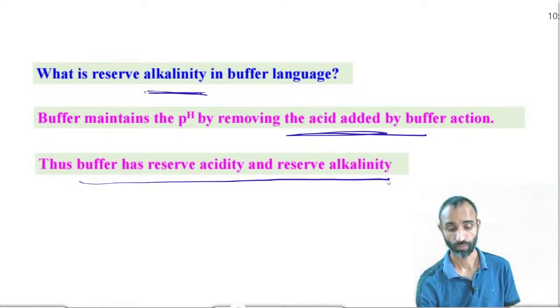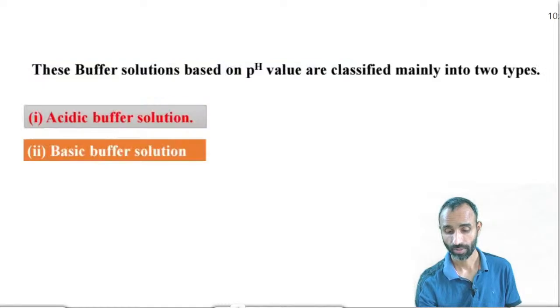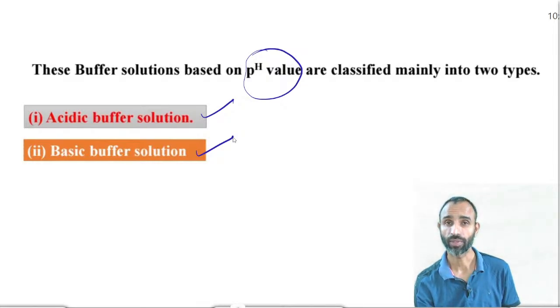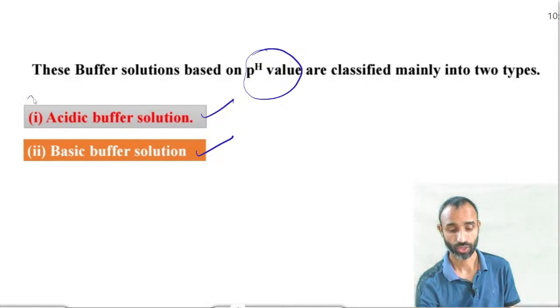So a buffer has a reserve acidity or a reserve alkalinity. On the basis of pH value, buffer solutions are either acidic buffer solution or basic buffer solution. They are also called mixed buffer.